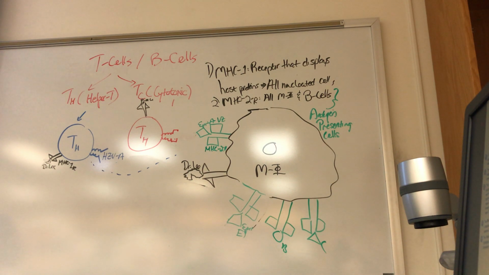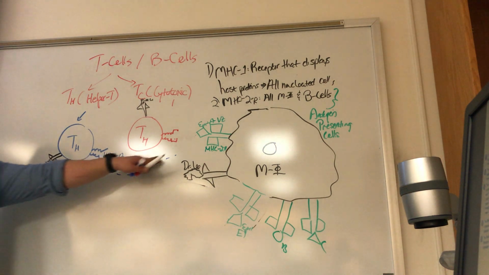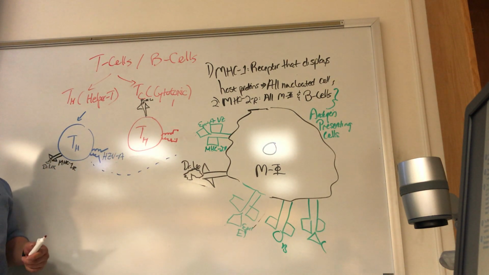Why activate cells that don't recognize what's invading you? There's no reason to do that, right? You're just gonna waste energy, waste time. And the cells that you produce won't help fight off the infection. So we only want to activate cells we know recognize what's invading us. So this cell doesn't recognize it, it doesn't get activated.